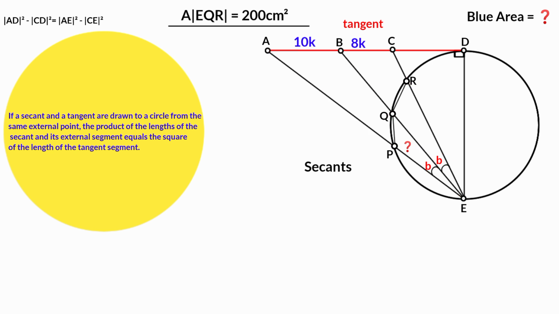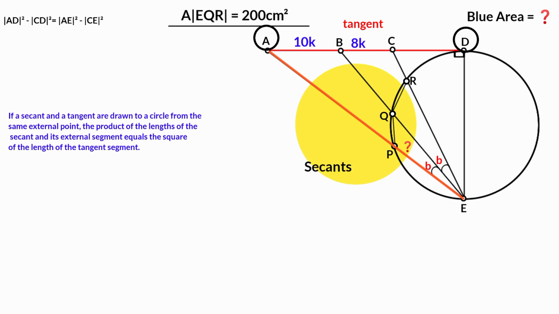So by this rule, since this secant AE and this tangent AD meet at this point, which is an external point to the circle, the length of this line AE times this line AP, which is the external segment, must be equal to the square of this line AD.